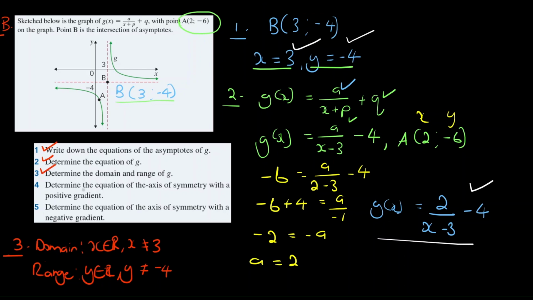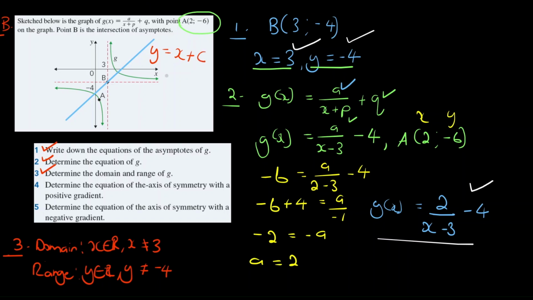Now we need to determine the equation of the axis of symmetry with a positive gradient. So a line with a positive gradient and the axis of symmetry, we know it will pass through point B. We know that the axis of symmetry that has a positive gradient has the equation y equals positive x plus c.